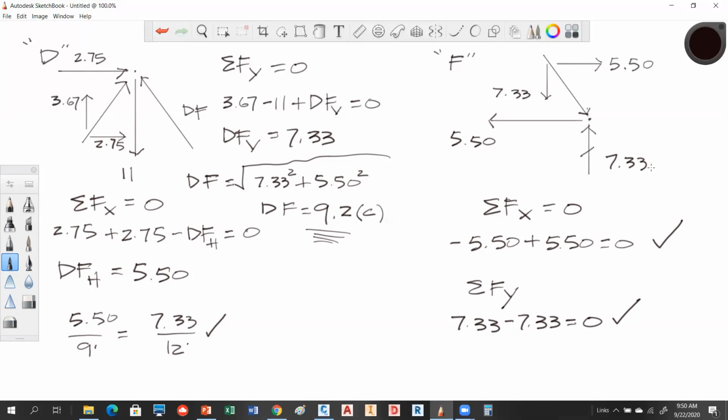Also, another pitfall that people get into is they forget an external reaction at a joint. So for instance, if back here at D we had an external reaction coming in, and we forgot it, that would be a big mistake too.